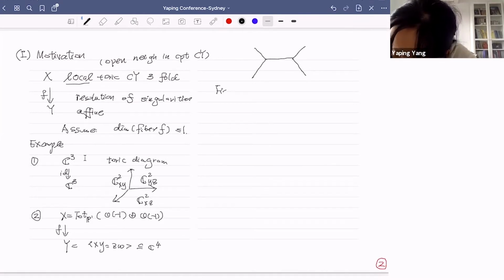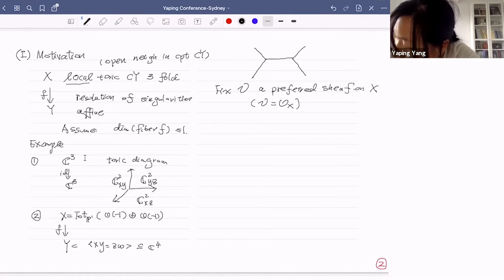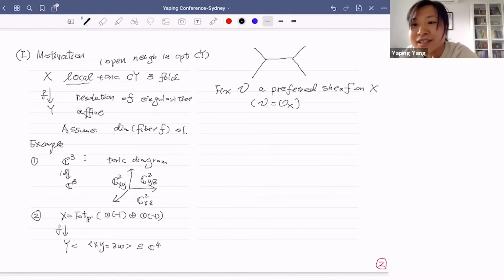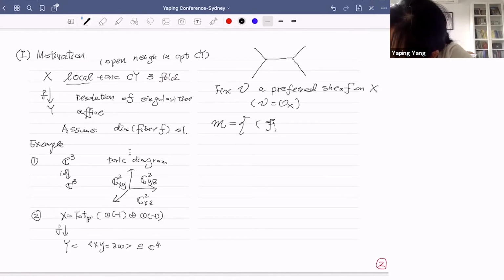So now I want to fix a sheaf, some preferred sheaf V on X. For example, you can take V to be the structure sheaf on X. I want to consider the moduli space of certain framed stable sheaves on X, which I will denote by M. M is the moduli of pairs (F, S), where F is a perverse coherent sheaf.